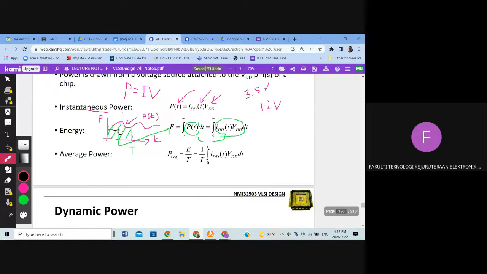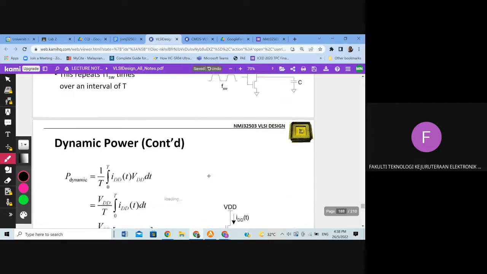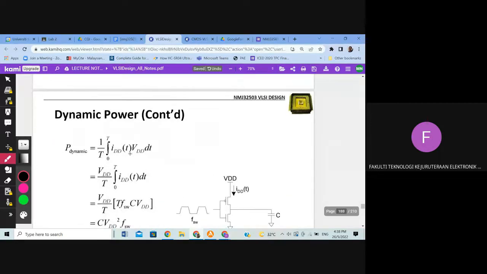To get the average power, we have E, which is IDD VDD, divided by T. So IDD VDD divided by T, we get the dynamic power. That's how we calculate the dynamic power.